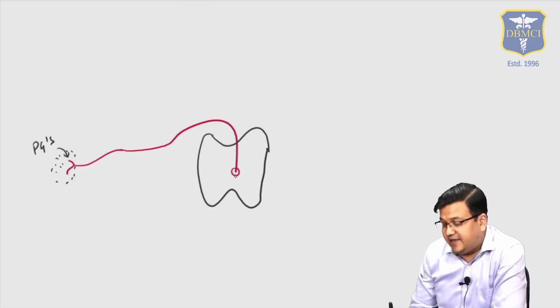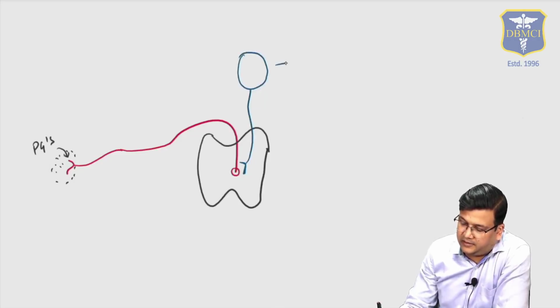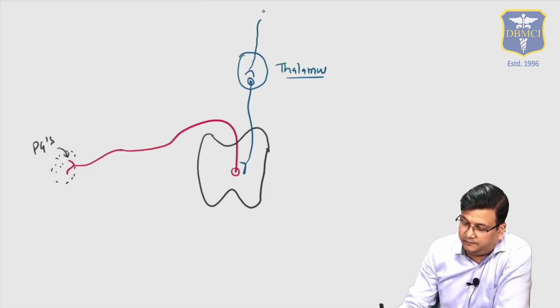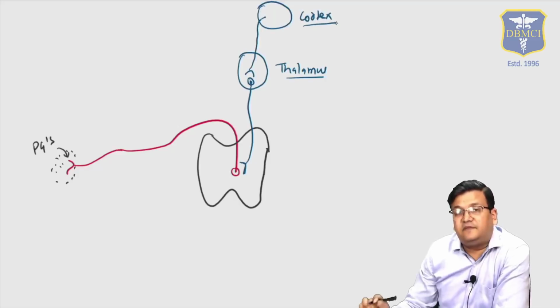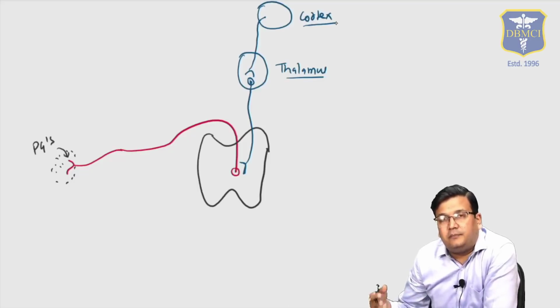The impulse is carried to the dorsal horn cells of the spinal cord. From the spinal cord, the impulse is carried upwards in the spinothalamic tract to the thalamus, and from the thalamus it goes to the cortex, where the final processing of the pain impulse occurs. This is the pain pathway.